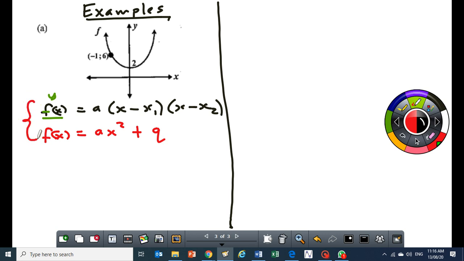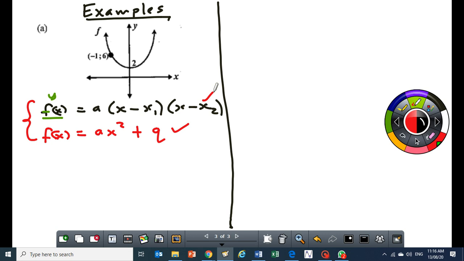So far, I have spoken about the second one, f of x equal to ax squared plus q, and this one, I'm introducing it. So at least you had one equation that you knew in terms of the general equations of a quadratic function.